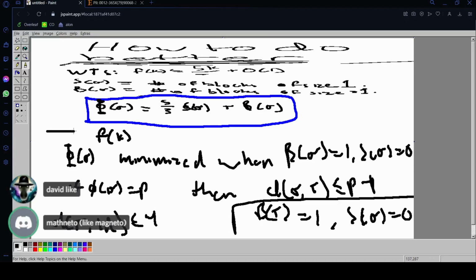This should imply an upper bound of the form f of k is at most the max over sigma of uppercase phi of sigma plus 4 or whatever. And this plus 4 we just write as plus big O of 1, because who cares about the actual constants, right?